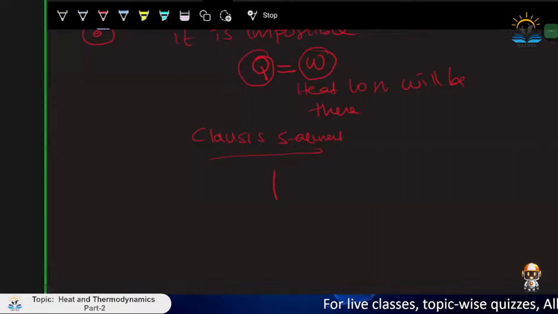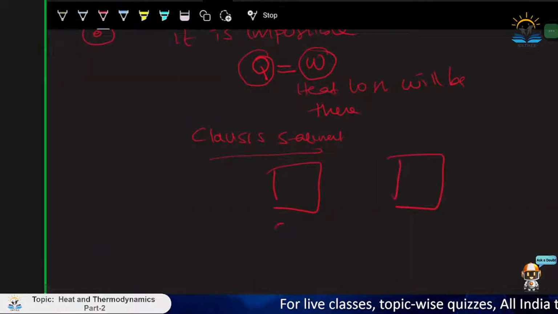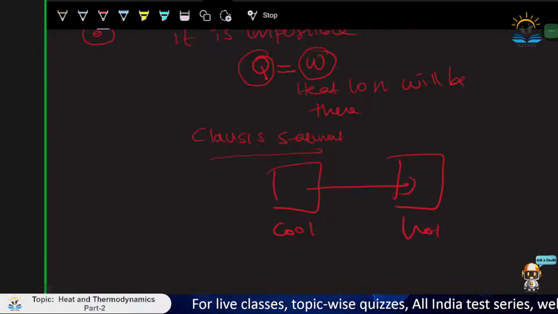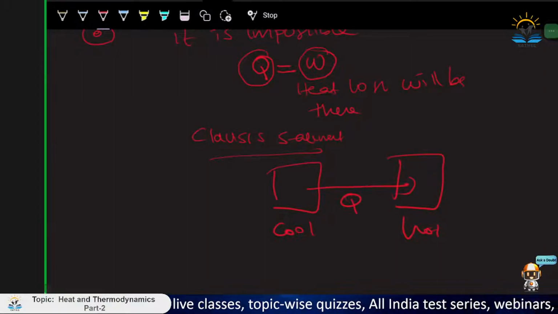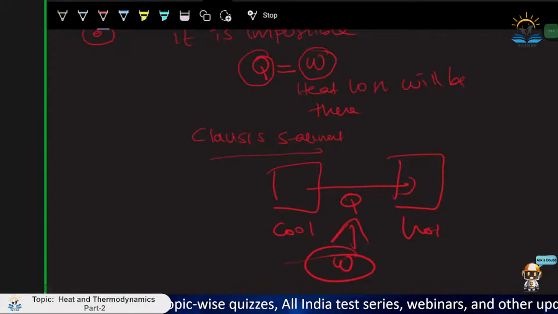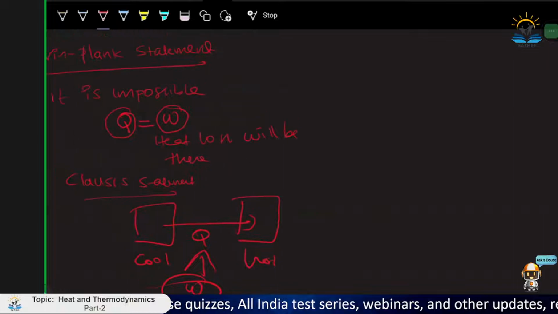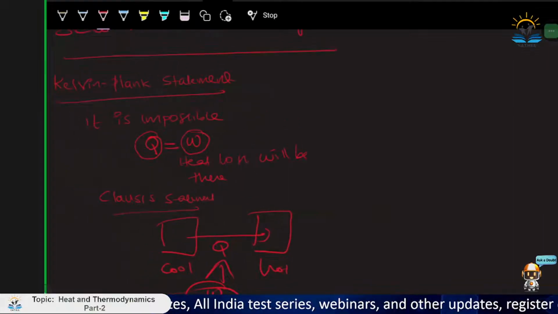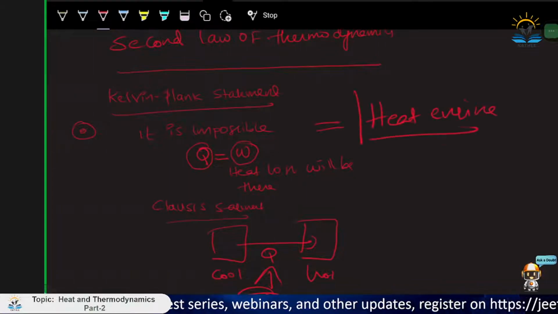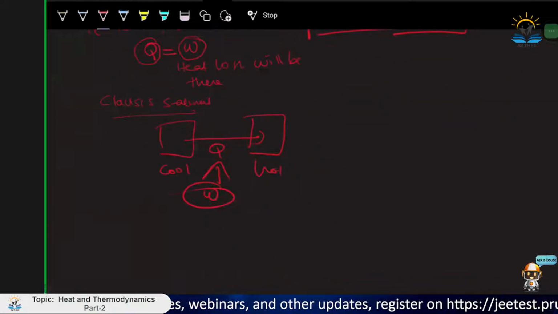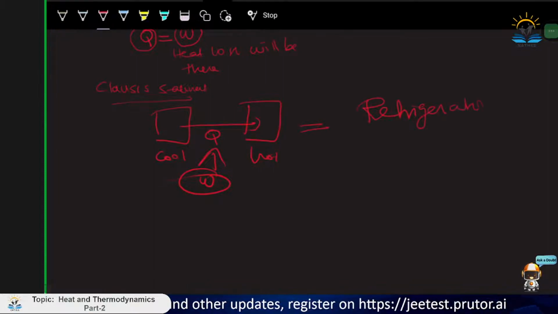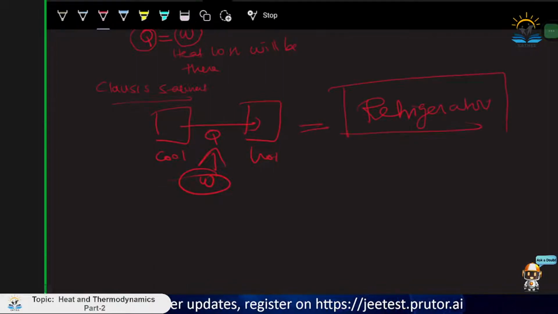To move heat from cooler to hotter, we should do external work. The heat engine is based on the Kelvin-Planck statement, and the refrigerator is based on the Clausius statement.